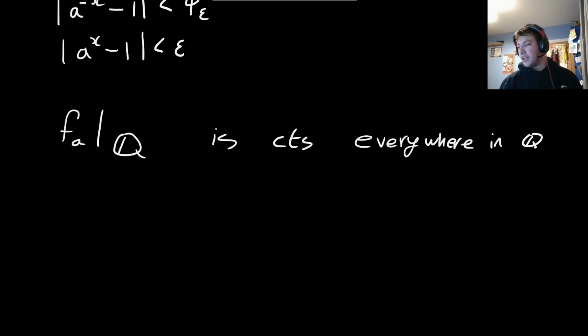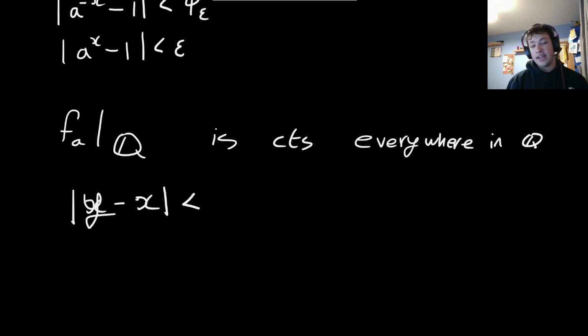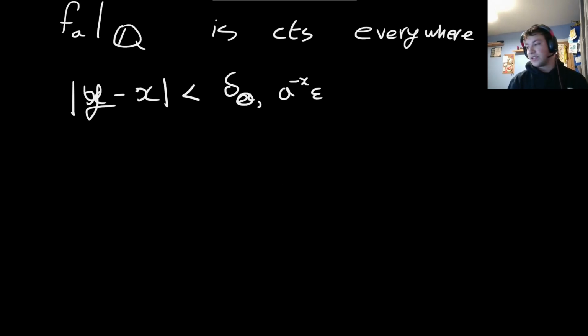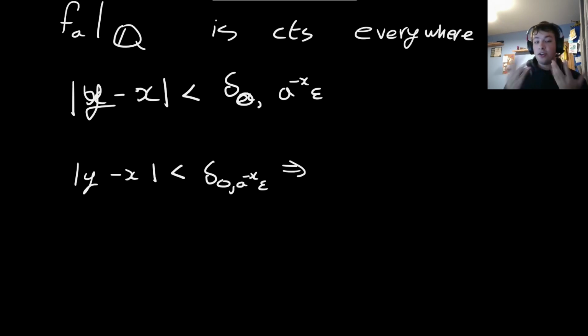So in particular, if we take mod of y minus x is less than delta 0 of a to the minus x epsilon, then we can use our continuity at 0 and say, well, this means that mod of a to the y minus x minus 1 is going to be less than a to the minus x epsilon.